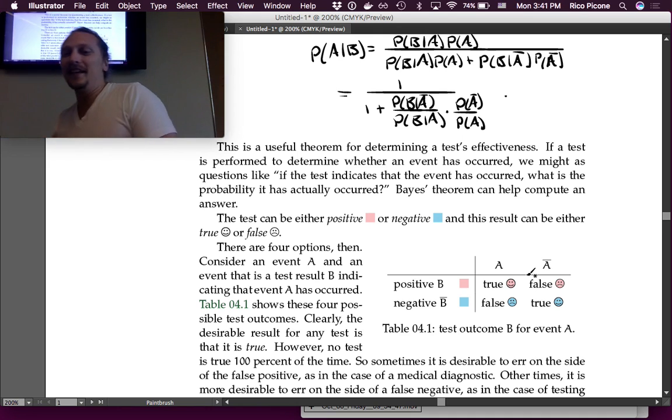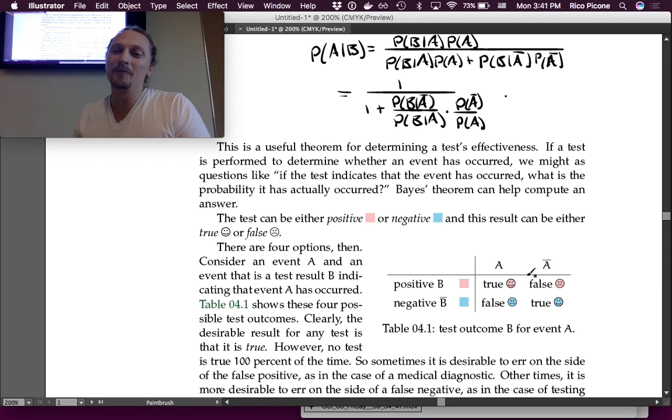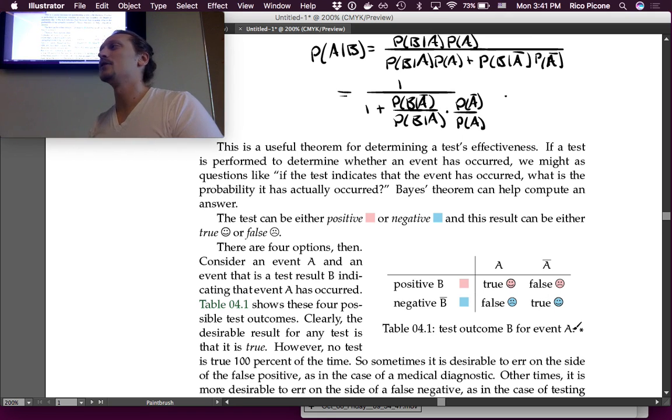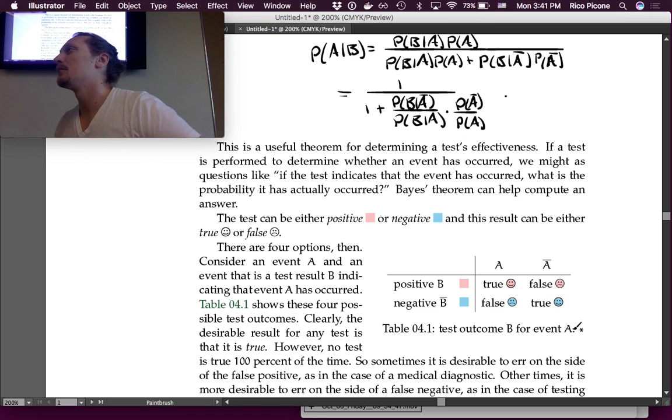So maybe let's say that you didn't want to be pregnant, and the negative came up, and also it would be good that that was actually the case, that it was negative. That is a true negative. But you're actually happy in any case in the sense that you want the test to be correct, right? Even if you don't, you don't want to get lied to during the test.